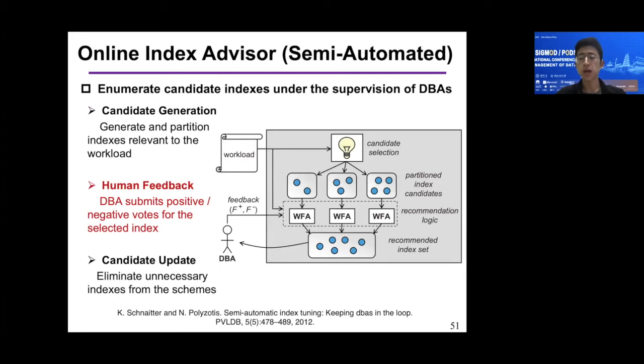It monitors the DBMS in real time, then dynamically analyzes the workloads and enumerates some candidate schemes to tune the index structures. But before implementing the index schemes, it calls the DBAs to judge whether the scheme is good or not. And based on the feedback, the model updates its selection strategy. To some extent, this method has reduced the DBA's burden.